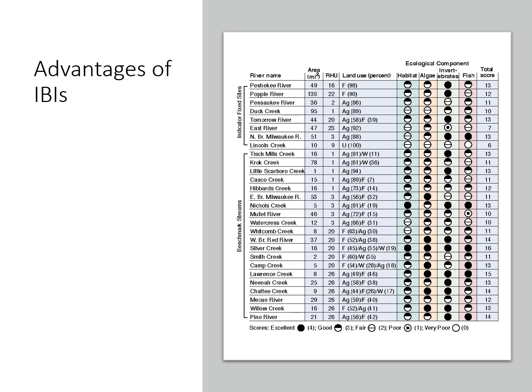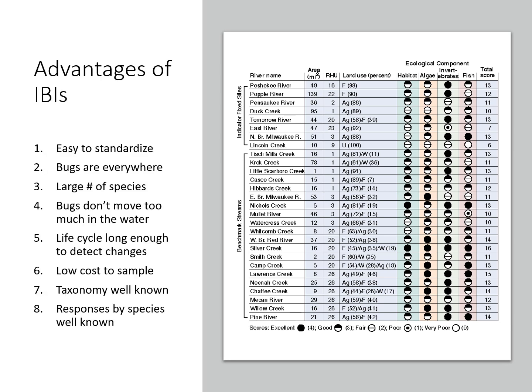So what are some of the broad advantages IBIs offer? They're easy to standardize to a degree. I know that people who work on this will probably roll their eyes at me and be like, oh, brother. But they are at least standard. They can be standardized across large areas, right? And so there is the illusion that they're very, very easy to standardize. They can be standardized.